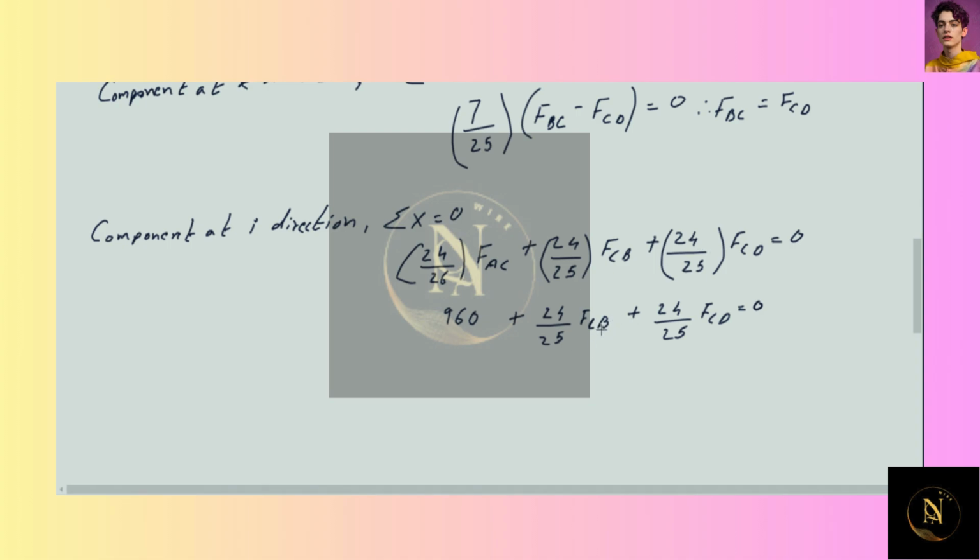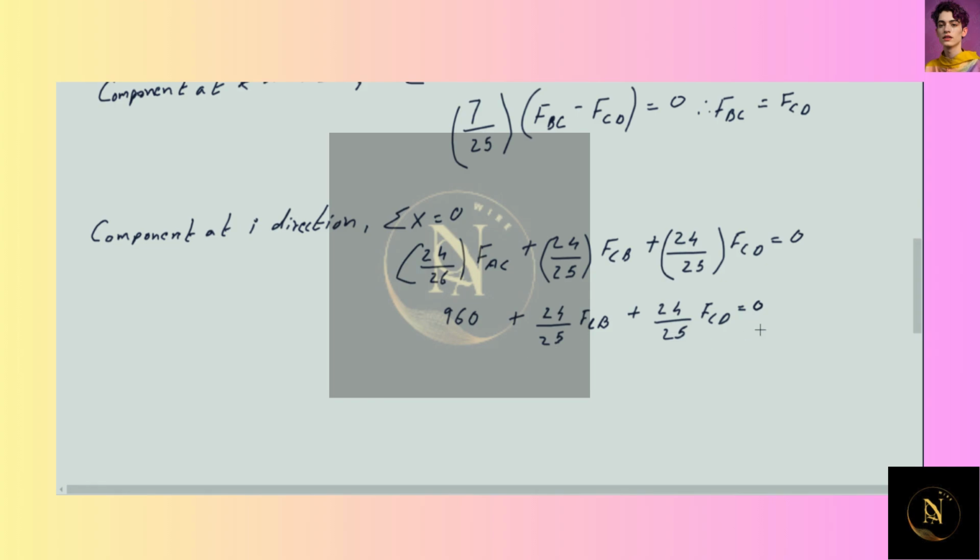If this 960 goes to the right hand side of the equation, that will be minus 960, and we can take common that 24 by 25. If that 24 by 25 goes to the right hand side, it gets reciprocated.